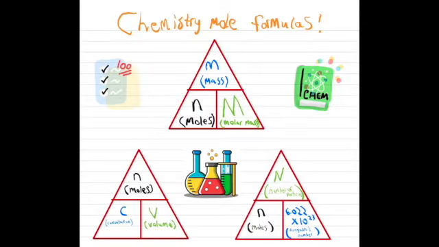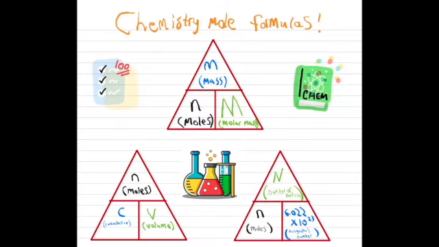The relationship between mass, moles, and molar mass. Lowercase m is mass, capital M is molar mass, and n in chemistry is always moles. Okay? So if you see any of these, just try and remember what they are, specifically for chemistry and these mole calculation questions.